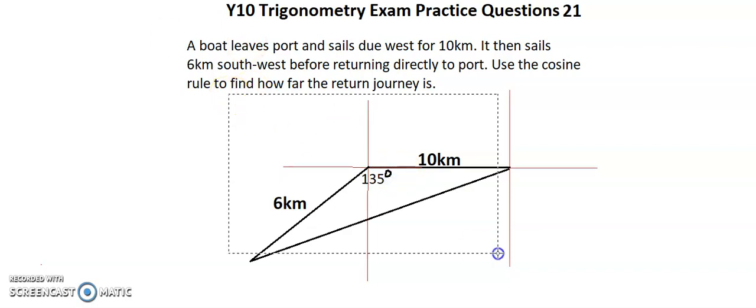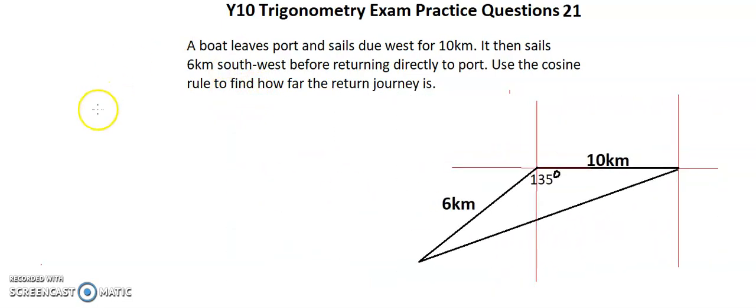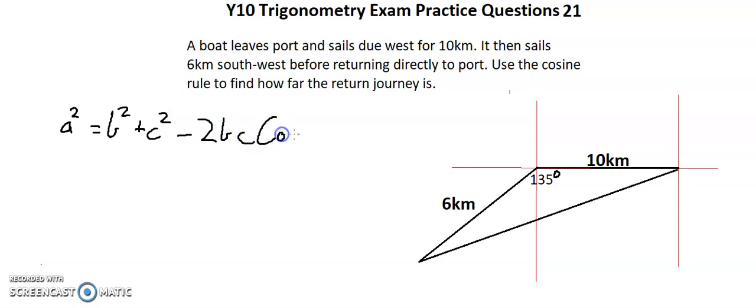So I'll just move our diagram over. So now we need to use the cosine rule. And the cosine rule is a squared is equal to b squared plus c squared minus 2bc cosine A. Now we have our angle A, so that means I'm just going to make this my angle A, then this can be my B, and this can be my C. So now we just need to put our information in.